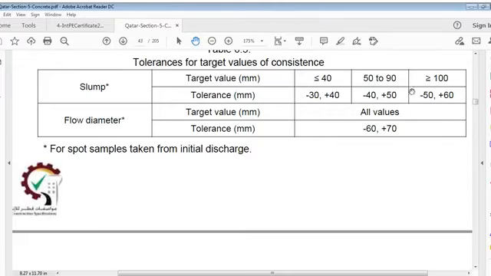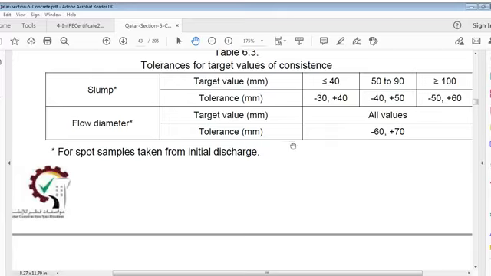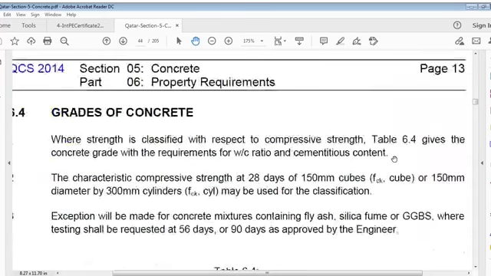This is the target value and this is the tolerance. That is in slump, whereas flow diameter is for all target values. Tolerance is minus 60 plus 70, or spot samples taken from initial discharge.